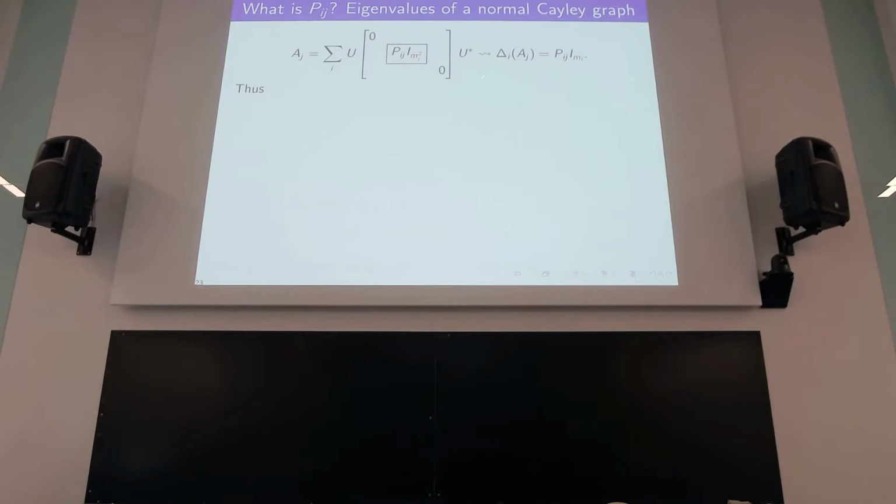So extracting the ith block means extracting one of the mi identical blocks. So the size is not mi squared, but mi. The same block of size mi is repeated mi times. So this is exactly what delta i means.